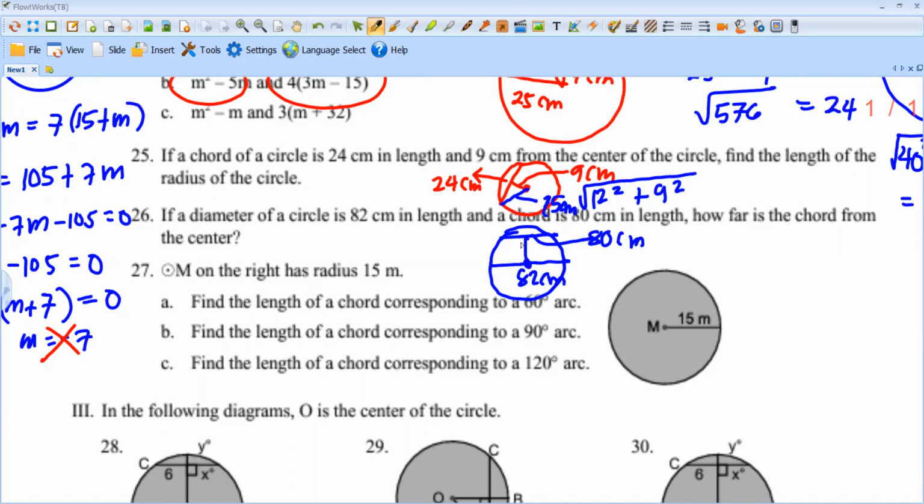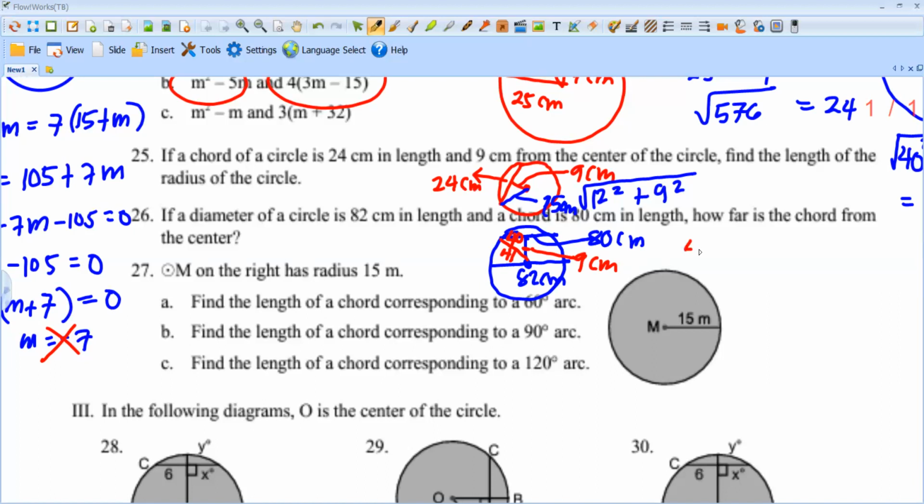So definitely this is 40, and this is 41. So we are looking for that: 41 squared minus 40 squared. So the answer is 9. So the length is 9 centimeters.